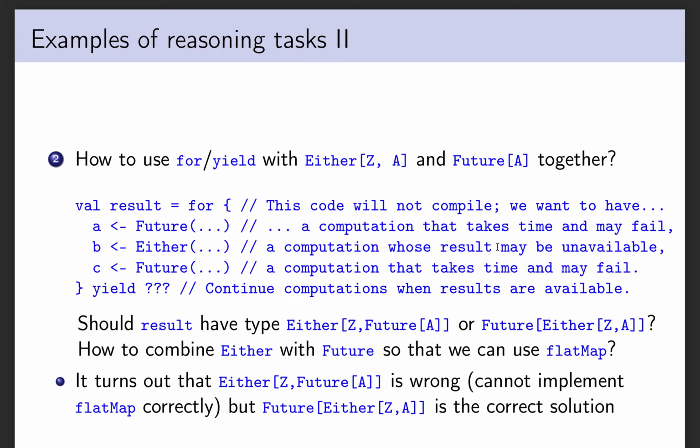Now here, again, as an engineer, you need to recognize that, first of all, there is a choice here, which is unambiguous. Either of Z future A is wrong, because it will not implement flat map correctly. Again, why? It's a long story, but this is a derivation that you can do, and as an engineer, you need to know that you've done it at some point in your studies.